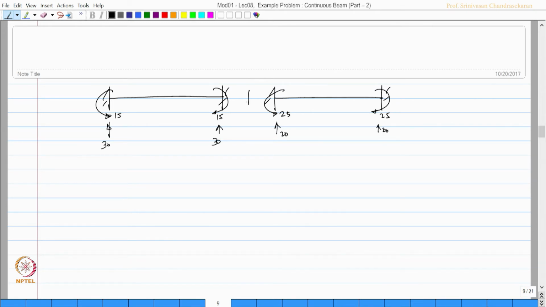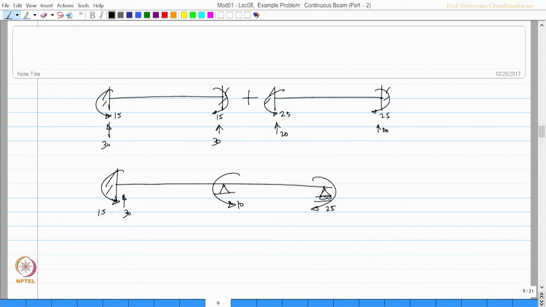I need to add this, sum this, make a single beam. So, let us say this is as usual 15, but this is going to be clockwise 15 and anticlockwise 25, anticlockwise 10, and this is 25, and this upward is 30, and this upward is 50, that is 30 plus 20, and this upward is 20.